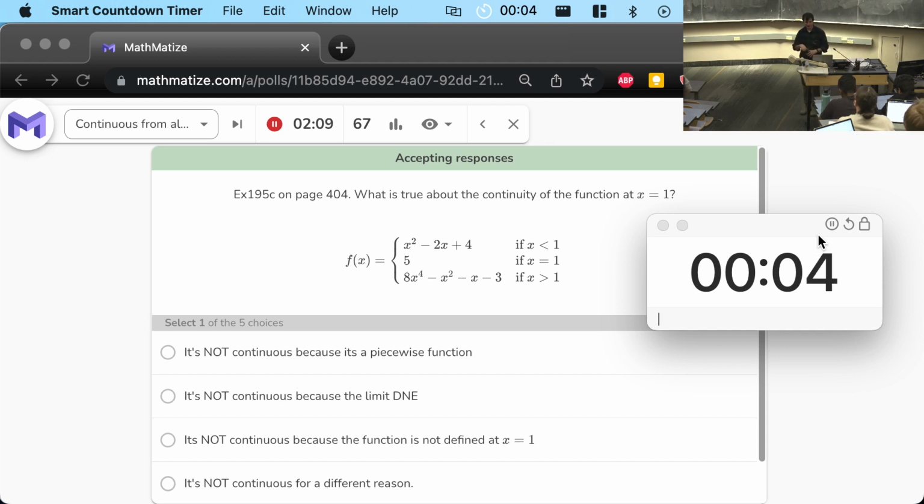Okay, only a few seconds left. Put in your guess here for what you think is going on with this function.